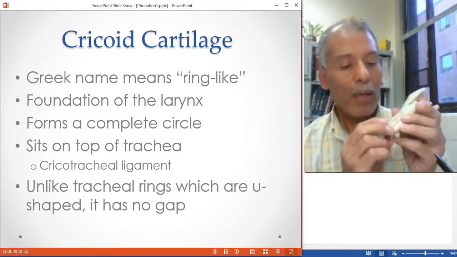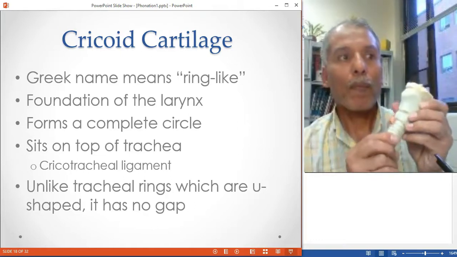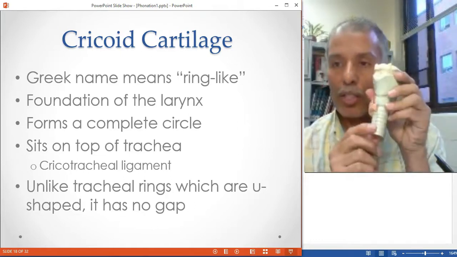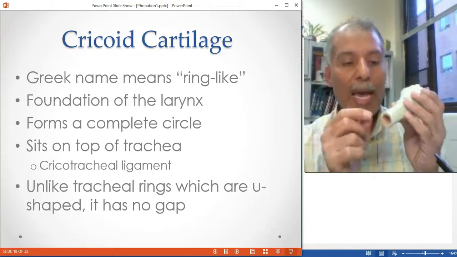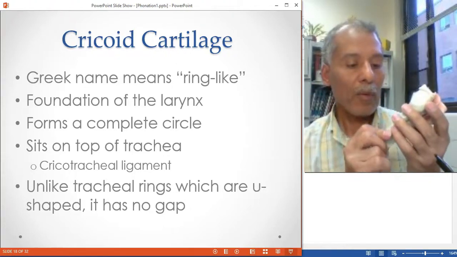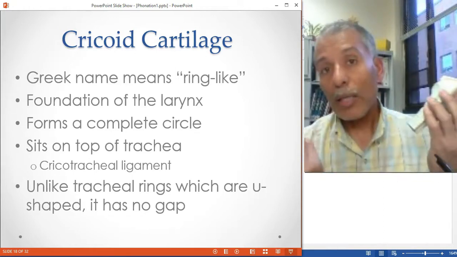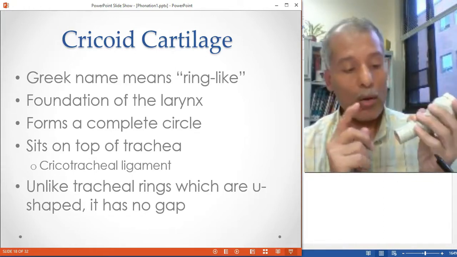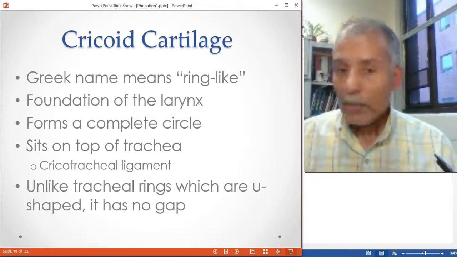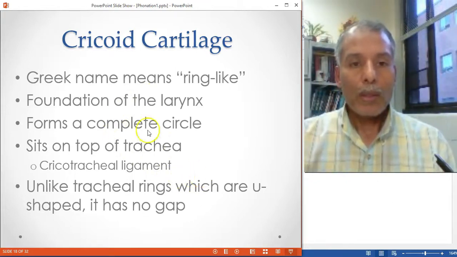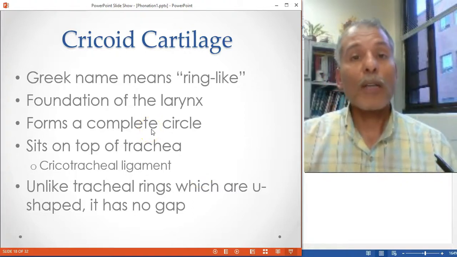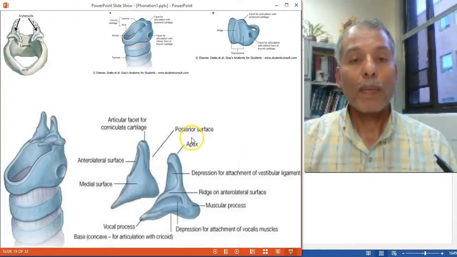The tracheal cartilages are smaller, shaped like a C, so they are not closed all the way around. So the cricoid serves as the foundation of the larynx.